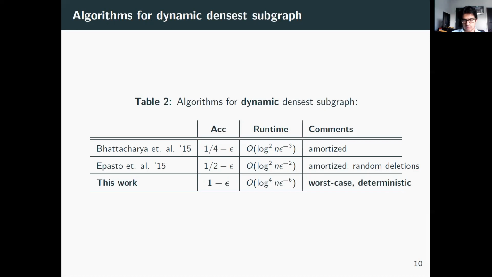What we do is we make the approximation factor as good as it can be for approximations, and we even improve upon the amortization. What we have is a deterministic worst case runtime of at most polylog and poly in epsilon to the minus 1, right? That's what we're going to talk about today.